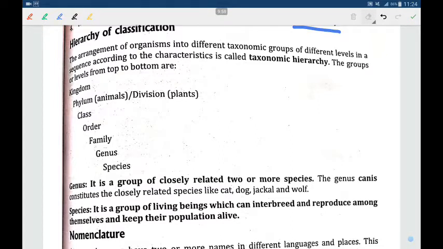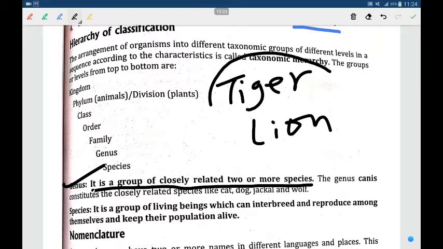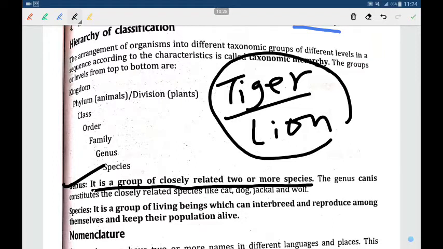Dear students, now what is genus? The definition is given here. The group of closely related two or more species, like tiger and lion. Tiger and lion belong to the same genus. Scientific name of tiger is Panthera tigris.